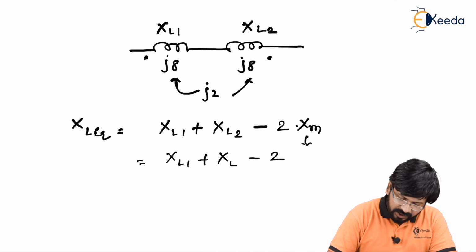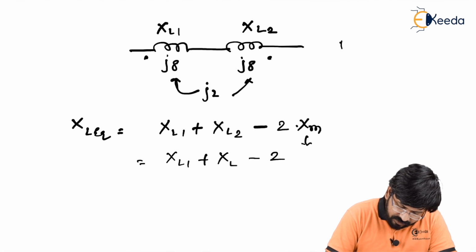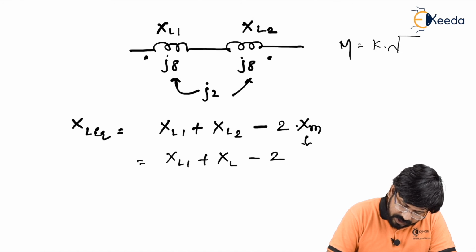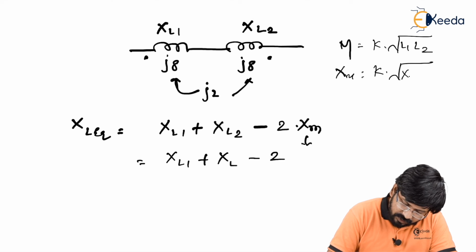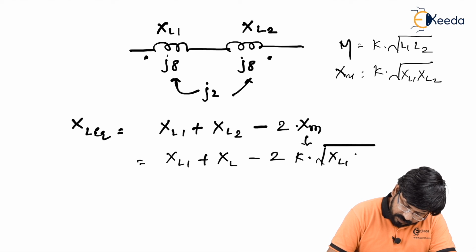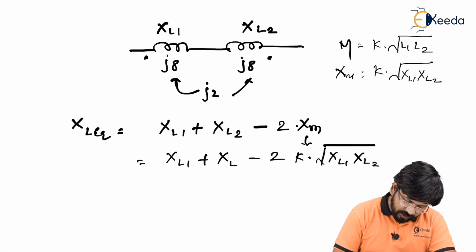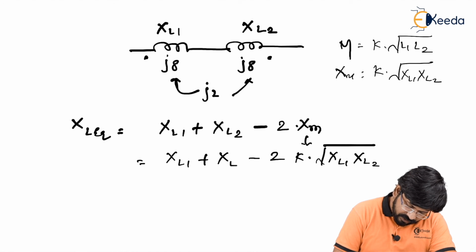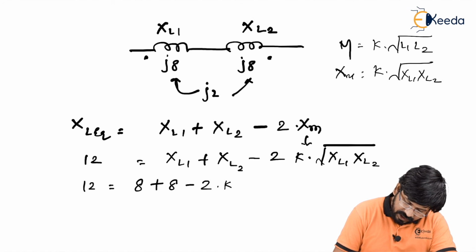I'm sure you remember the XM formula. In fact, we derived it from the M formula, which is K into under root of L1 L2. Then XM can be written as K into under root of XL1 XL2. Am I right? So in that case, XL equivalent, which at resonance should become 12, is equal to XL1, which was 8, plus XL2, which is also 8, minus twice of K into under root of 8 into 8.